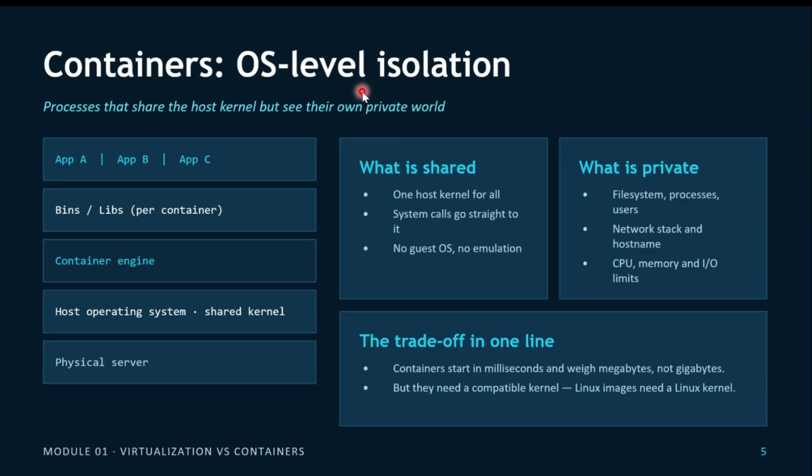What it can do is share the kernel from the host operating system, and whatever is needed for the application to run, the runtime, the libraries, the dependencies, will be packaged along with the application code, and it will run in an isolated platform.